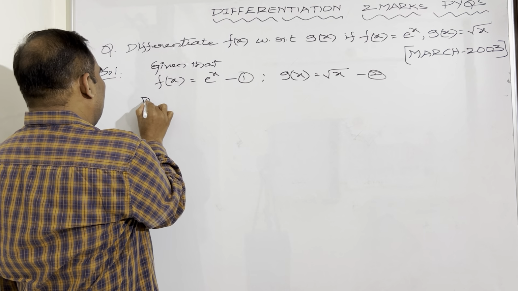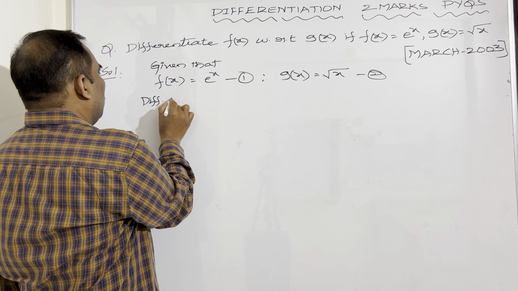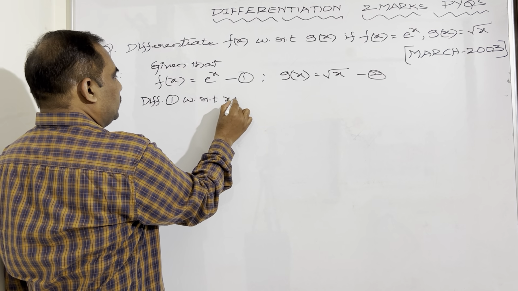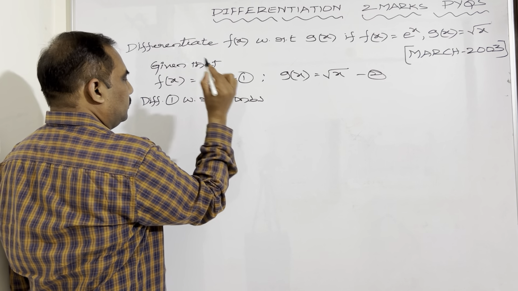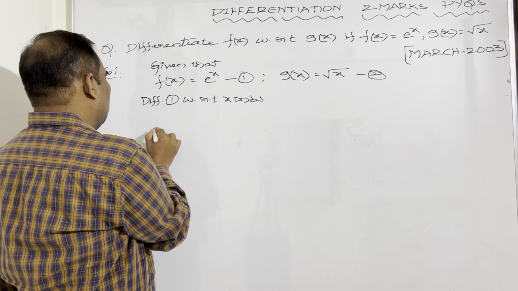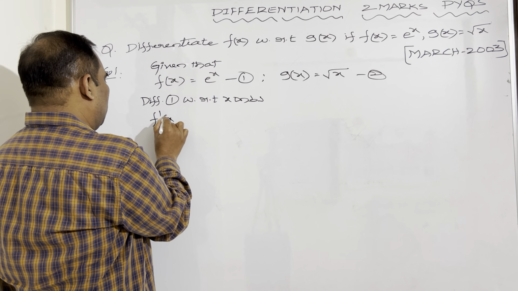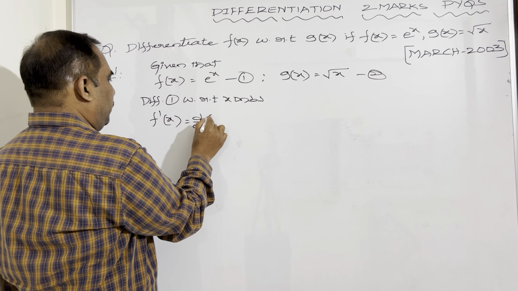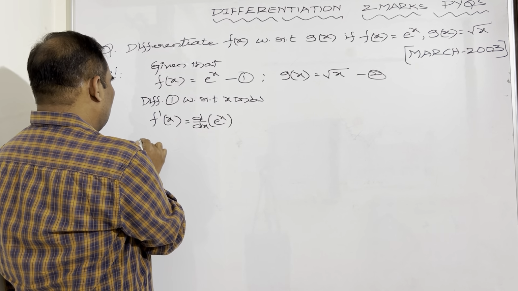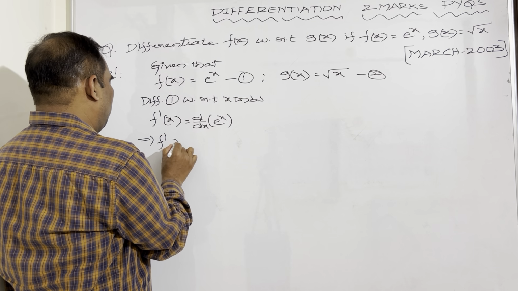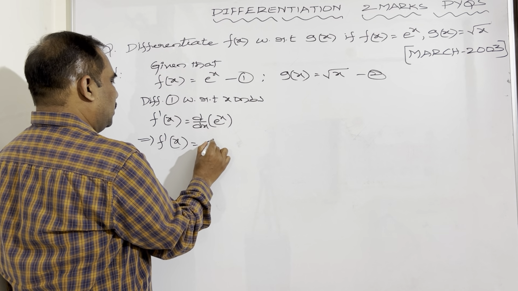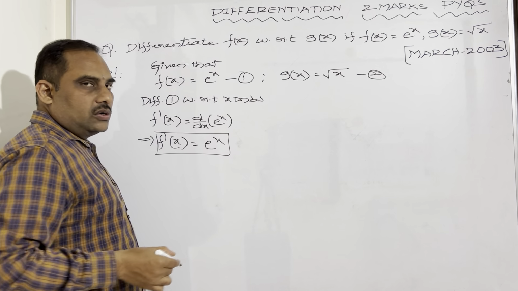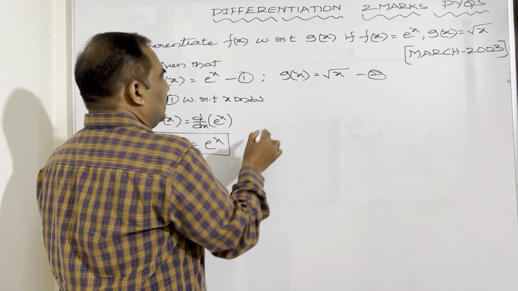Now differentiating 1 with respect to x on both sides, what we get? f dash x is equal to d by dx of e power x. We know that the derivative of e power x is equal to e to the power of x. So now f dash x is equal to e to the power of x.